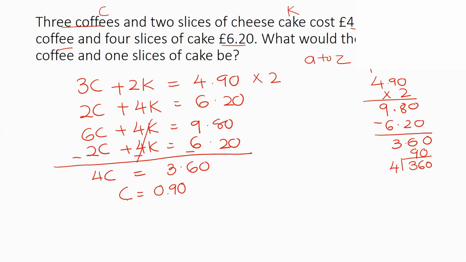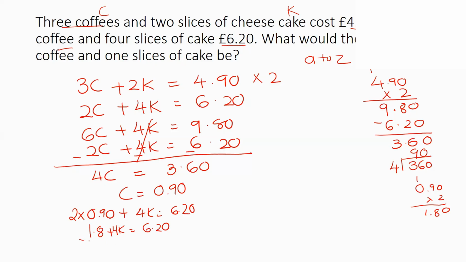And now I'm going to substitute the value of C here. You can substitute in either one of these equations. So 2 times 0.90 plus 4K equals 620. And then 0.9 times 2 equals, 9 times 2 is 18, 1.8. So this is going to be 1.8 plus 4K equals 6.20. And then our inverse operation, we are going to take away 1.8 from both sides.